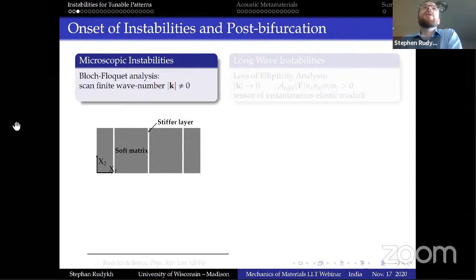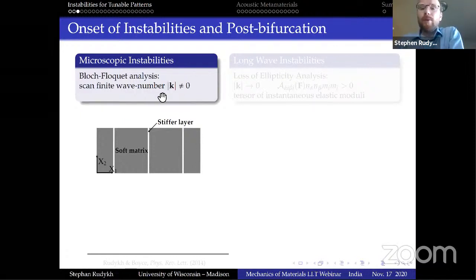Typically, to detect these types of instabilities in this superimposed incremental analysis, we use so-called Bloch wave analysis, or Bloch-Floquet analysis, where you can scan for different wavelengths and detect instabilities developing at different wavelengths.